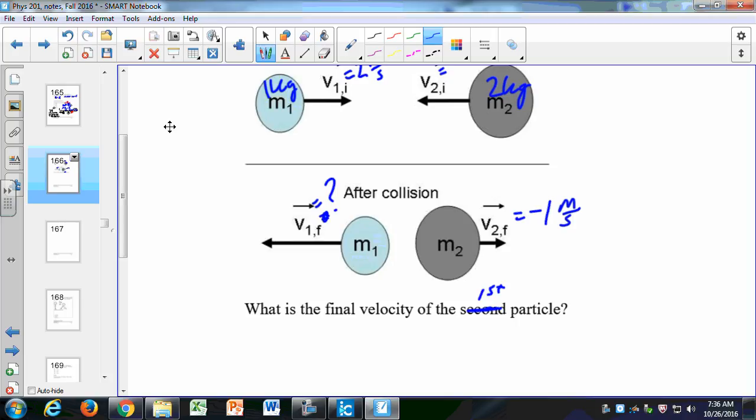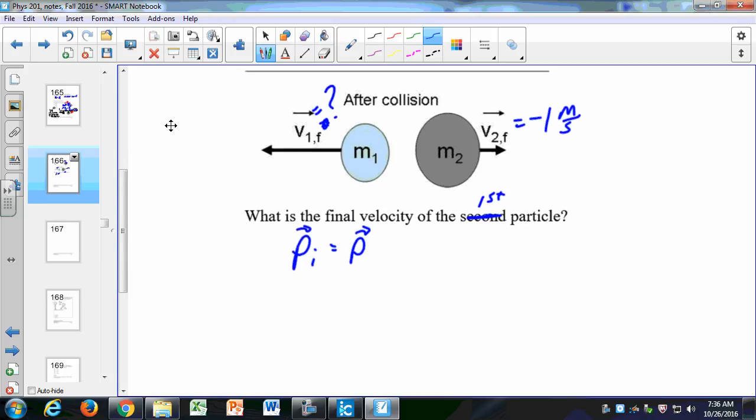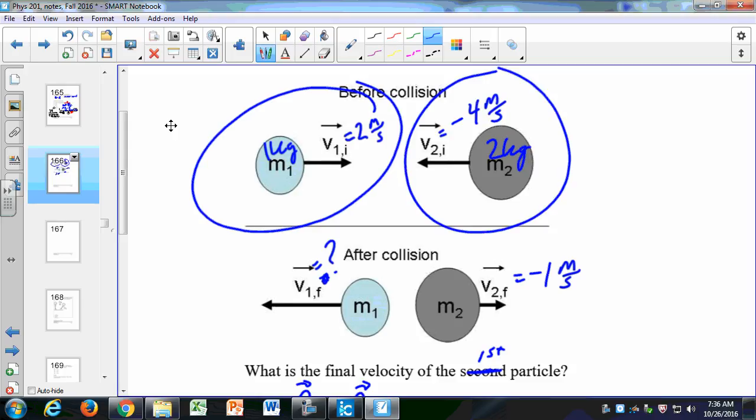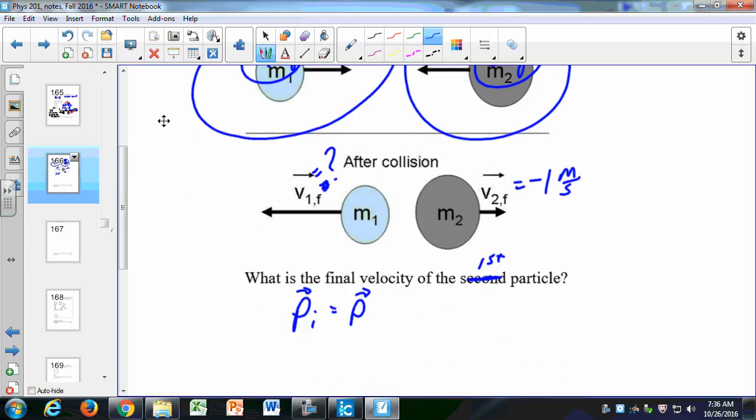All right, so here I want to say P initial equals P final. I have to remember that these are vector quantities, okay? So my P initial includes the momentum of this particle plus the momentum of this particle. So those can be 1 times 2 plus 2 times -4.